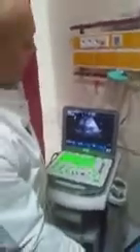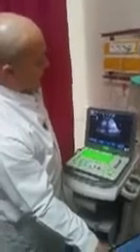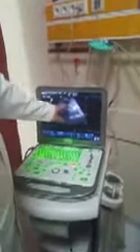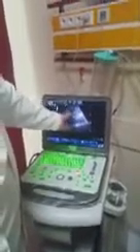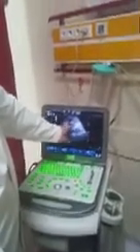And this is the first image that I have to take while I do focused assessment sonography for trauma. When free fluid exists in the abdomen, this space will show an anechoic black area, and it represents the free fluid of the abdomen.